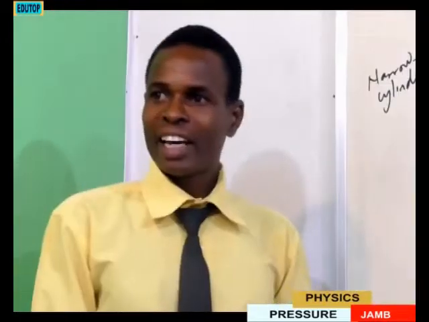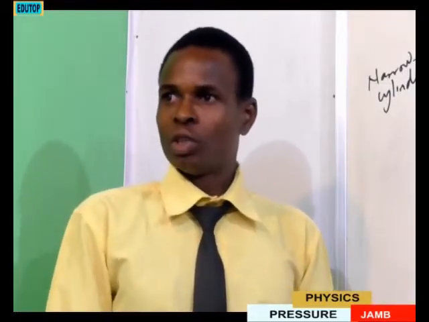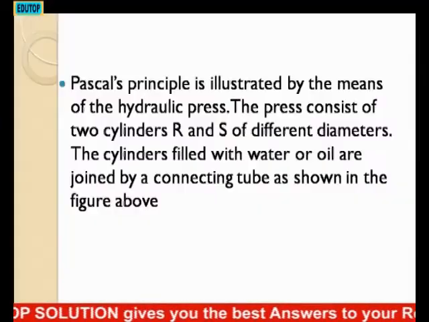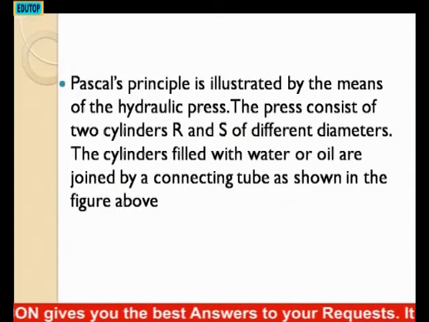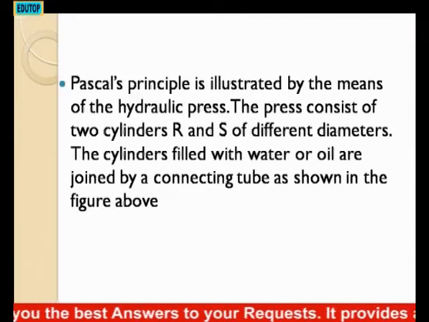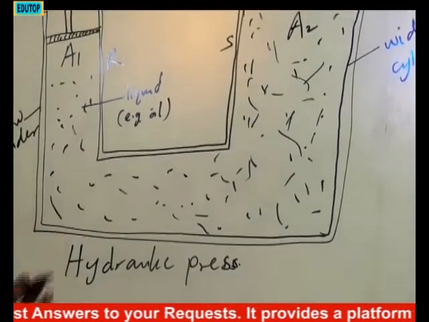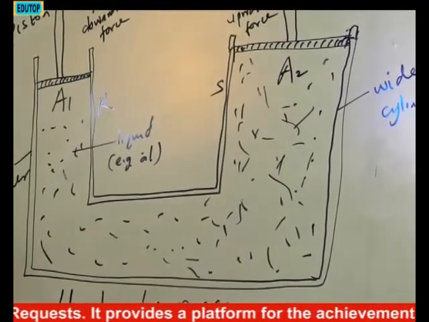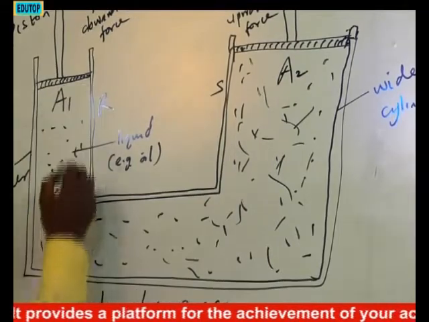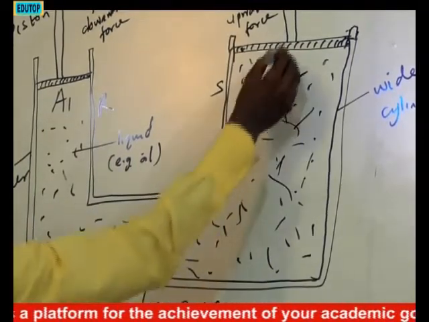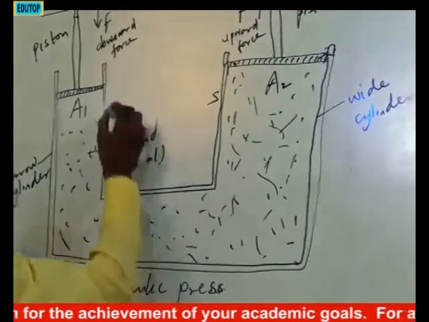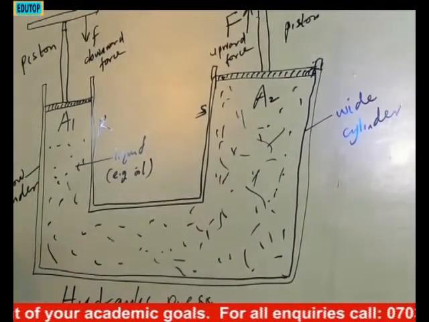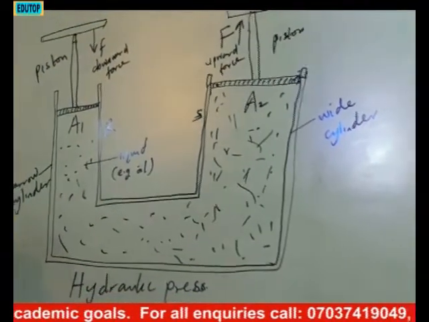So let's now take hydraulic press to illustrate Pascal's principle. Pascal's principle is illustrated by means of hydraulic press. Let's consider the diagram. This is a press, and this press consists of two cylinders. You can see it. You have one cylinder of a particular diameter, another cylinder of a particular diameter, cylinder X and another, of different diameters, as I've said.